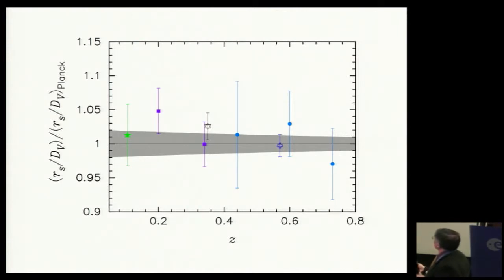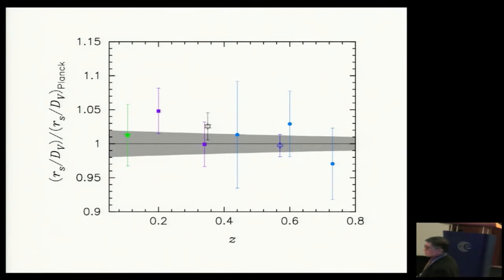to the measurements. These two measurements are the most accurate measurements. This one is based on an analysis of the SDSS DR7 galaxies, and this one of the first BOSS data release. In both of these cases, the groups have made a correction for redshift space distortions, and that allows them to measure the baryon acoustic oscillation features with higher accuracy.